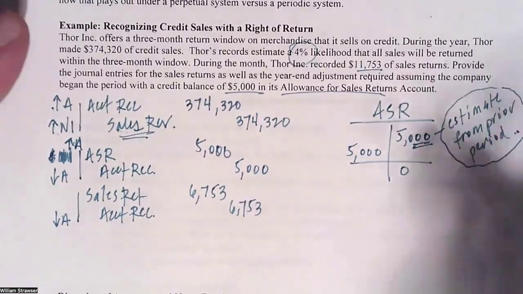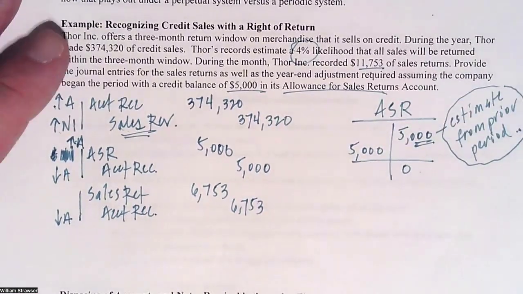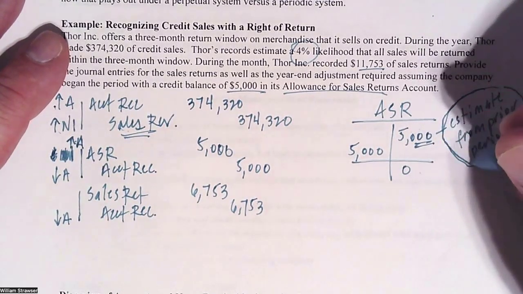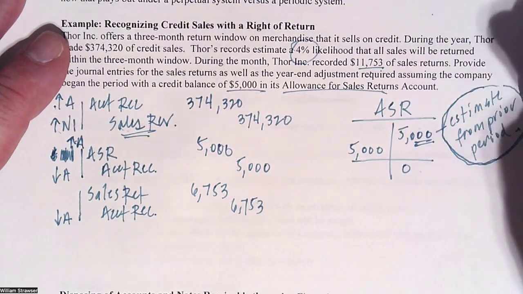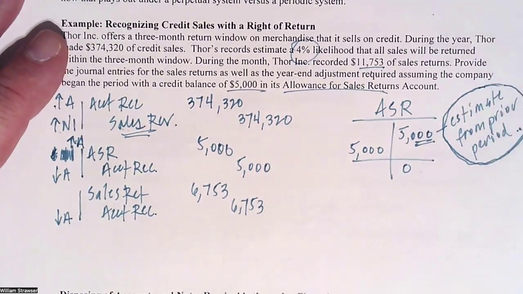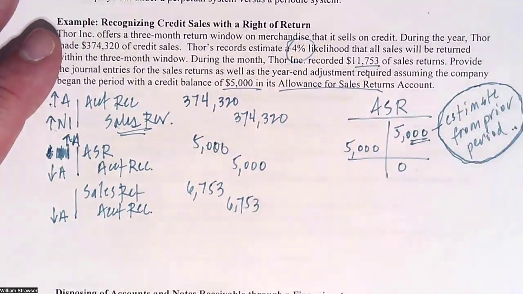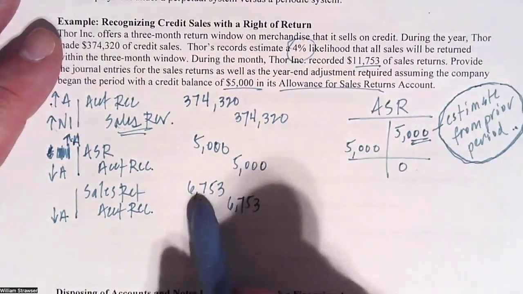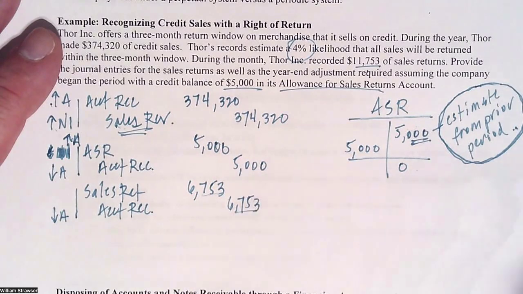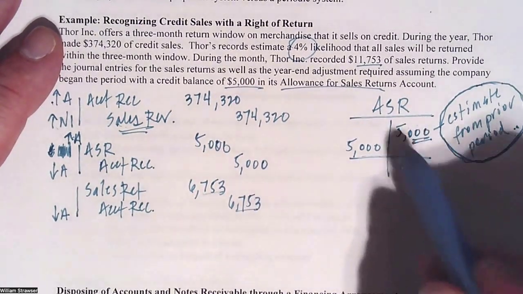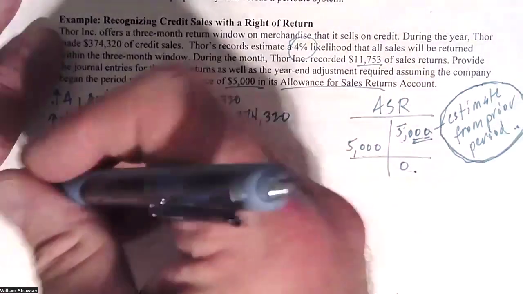That accounted for the sales returns that were generated by prior period sales, and included that estimate of sales returns not yet made in the appropriate period. These now must be coming from this period's sales because we've already zeroed out all of the remaining returns from the prior period.